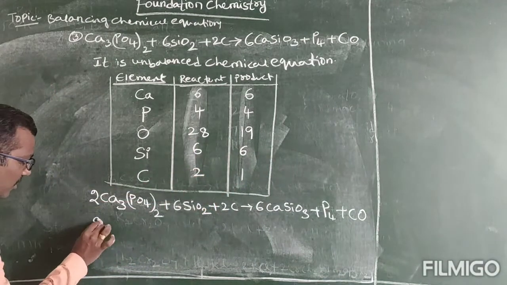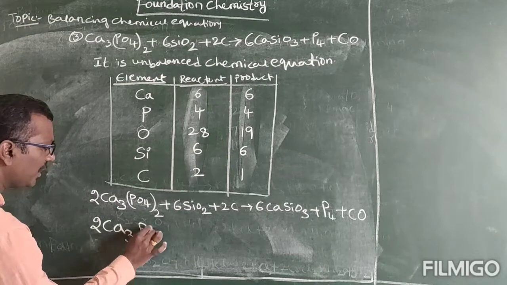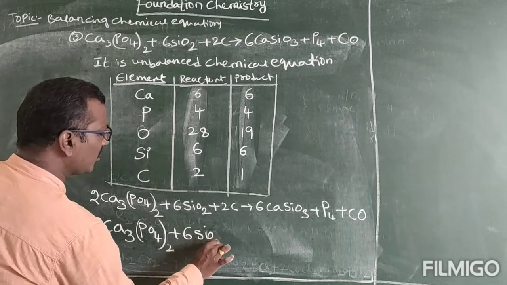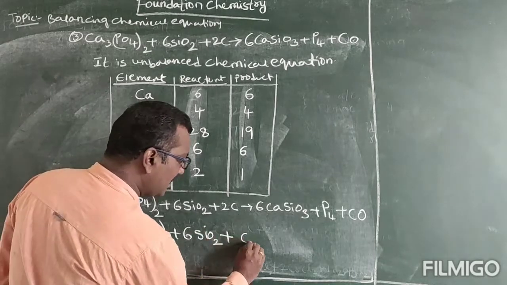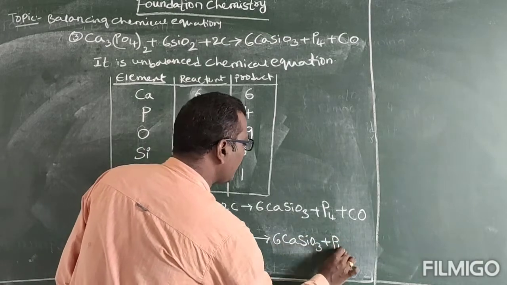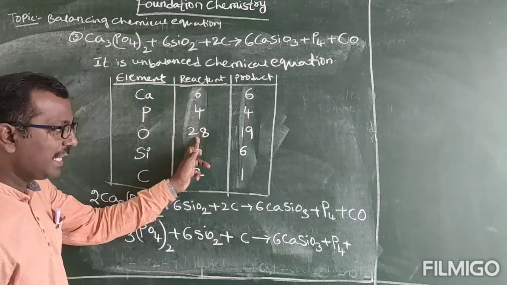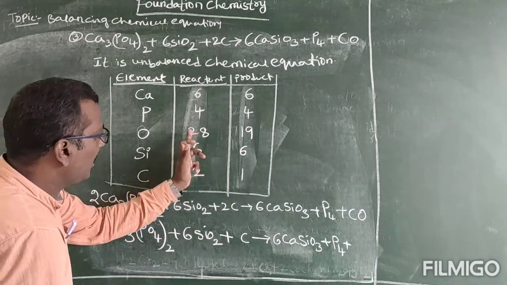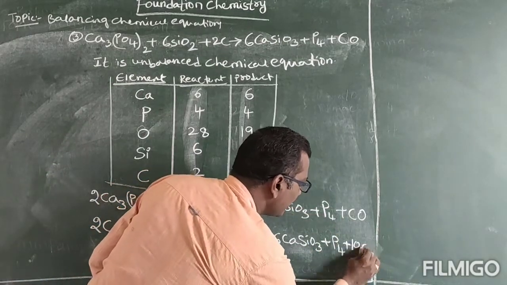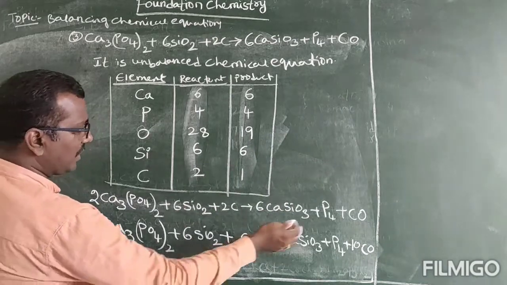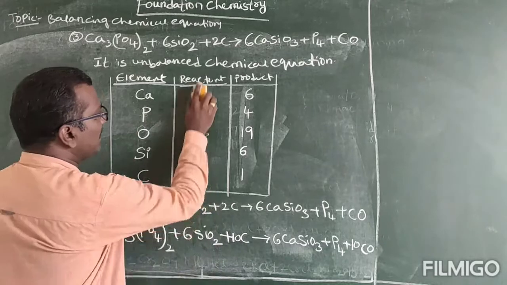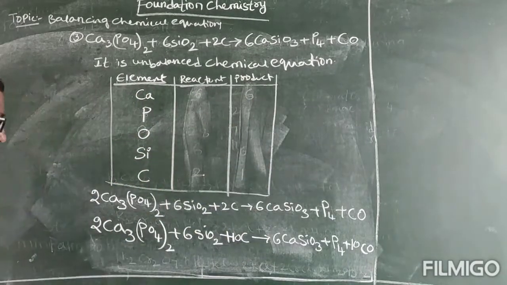So what I will do? 2Ca3PO4 taken twice plus 6SiO2 plus C gives rise to 6CaSiO3 plus P4 plus, here 28 it came, here it is 18, means 10CO I will write, and here it will become 10C. Now we will see whether it is balanced or not.